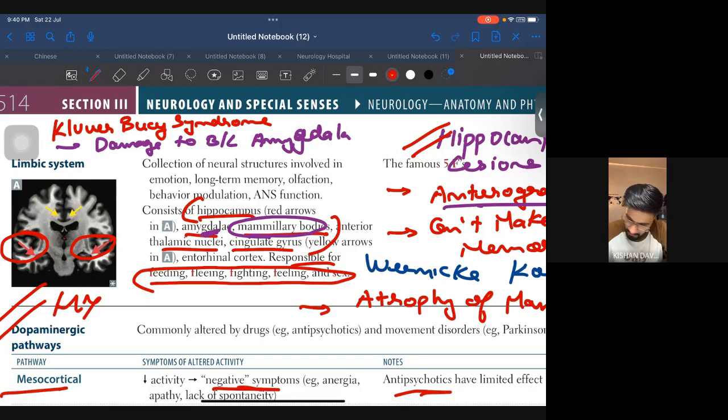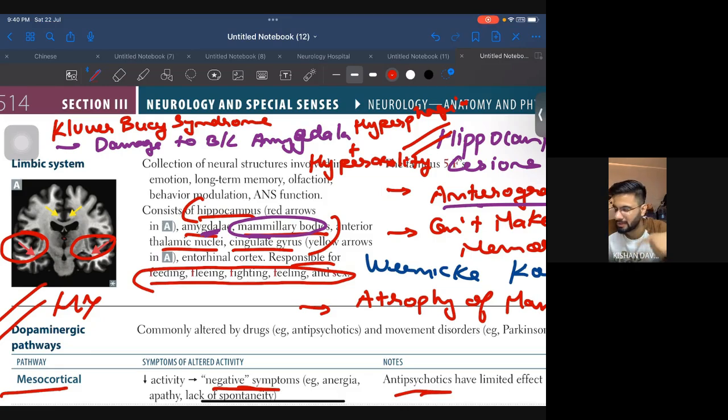There will be hyperphagia, another there will be hyperorality. Hyperorality means the tendency to examine everything with the mouth.